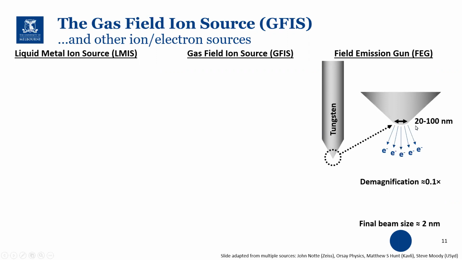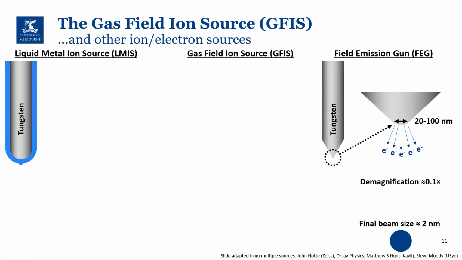The shape at the end might be on the order of 20 to 100 nanometers in size. So you get a spot of emission radiating out from this virtual source here. You then demagnify that beam, and the final beam size you can get typically might be on the order of, say, 2 to 5 nanometers, somewhere around there. Very, very small beam size.